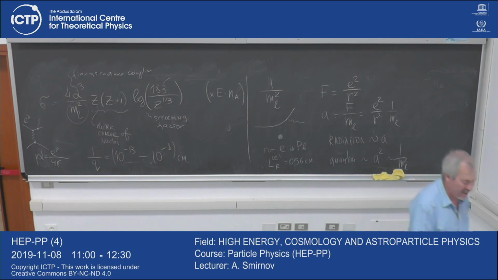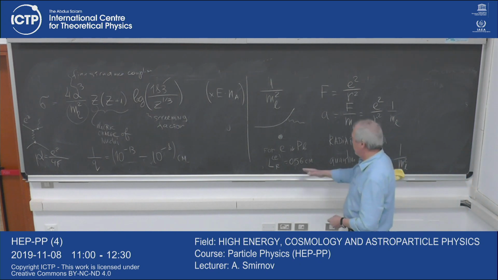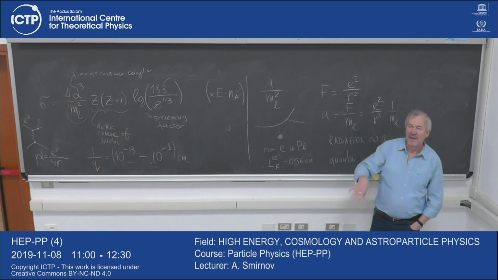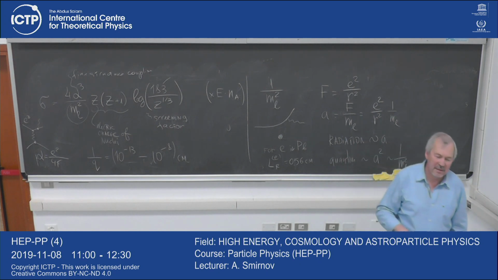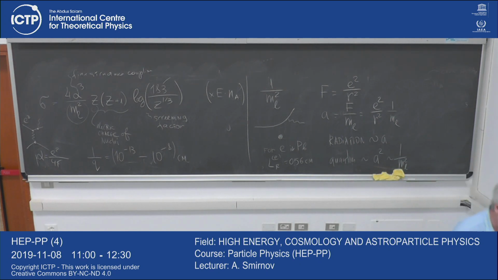So if you want to shield yourself from radiation produced by electron, then you need to take lead a few centimeters thick, and then the flux of electron and radiation will be suppressed very strongly because they will lose the energy. Okay? And you will again have exercises to play with this energy loss.